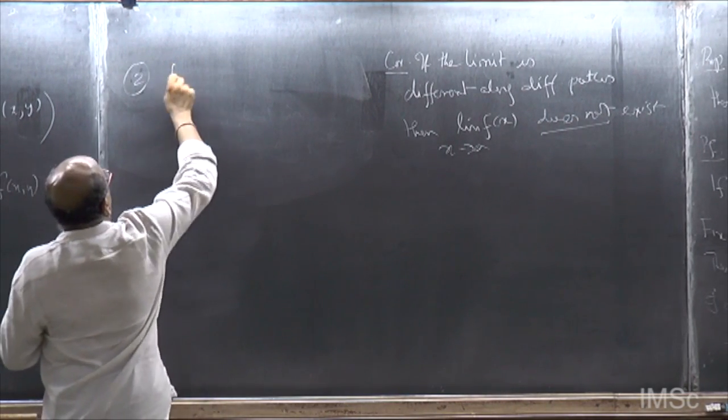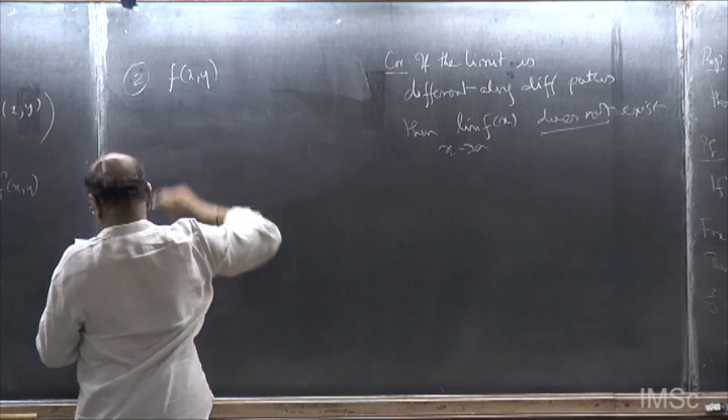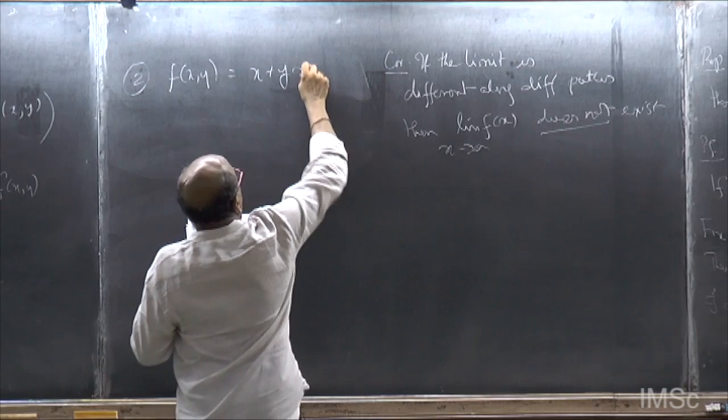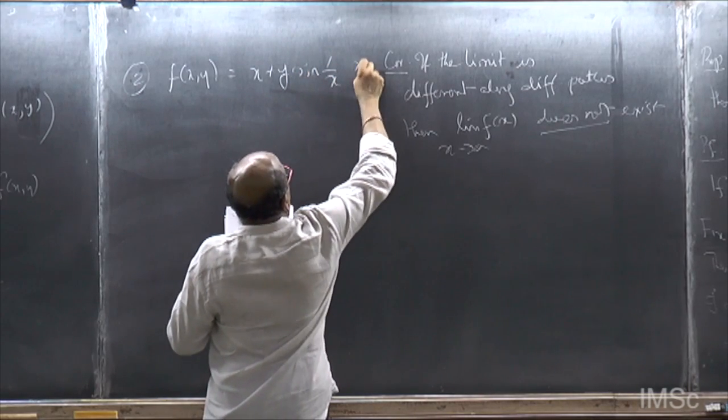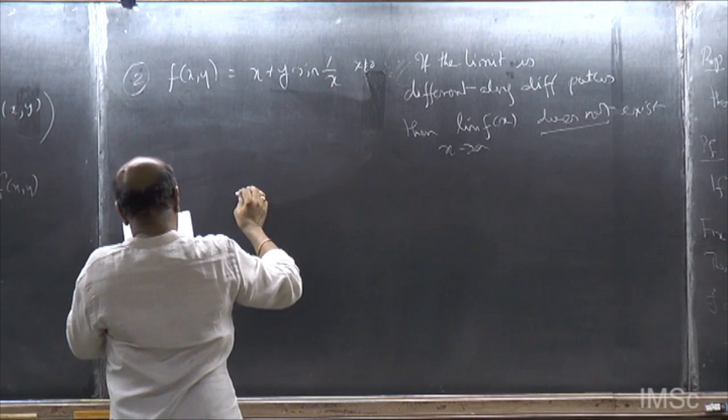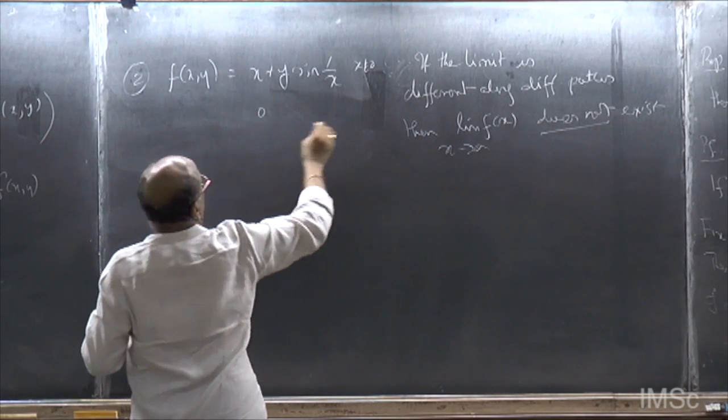So, now let us look at f of x y equals x plus y times sine of 1 by x if x is not 0, and 0 otherwise.